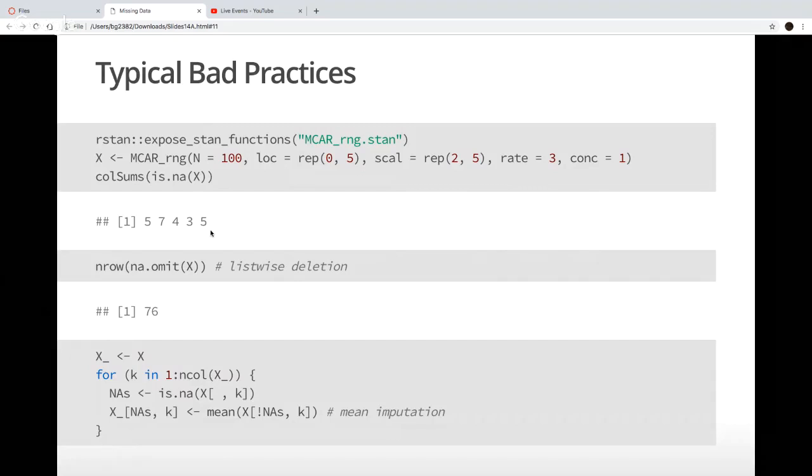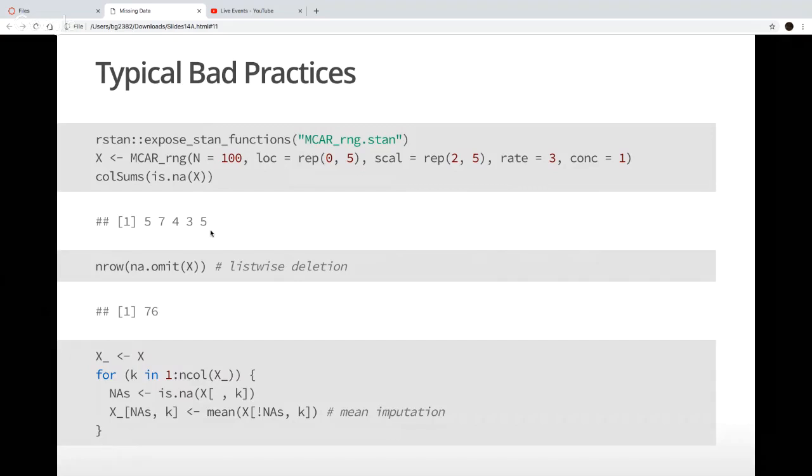Okay, so we could use X in a regression or whatever. It wouldn't hurt too much in this case. However, another thing that you'll see people do all the time is known as mean imputation.